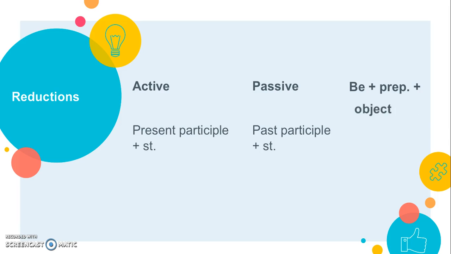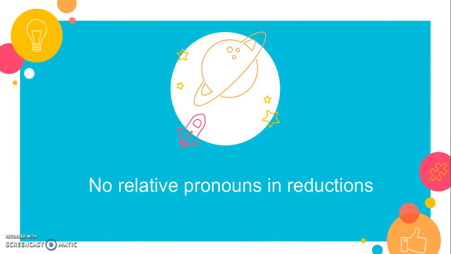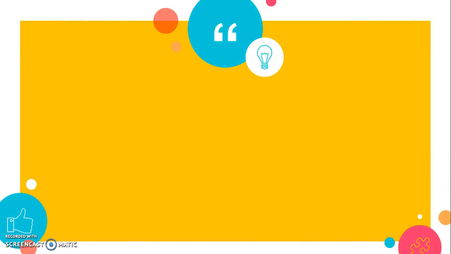If we have to be preposition and an object, we will omit to be. Of course, the relative pronouns are omitted, right? Then we'll have only preposition and object left. No relative pronouns are used in reductions.